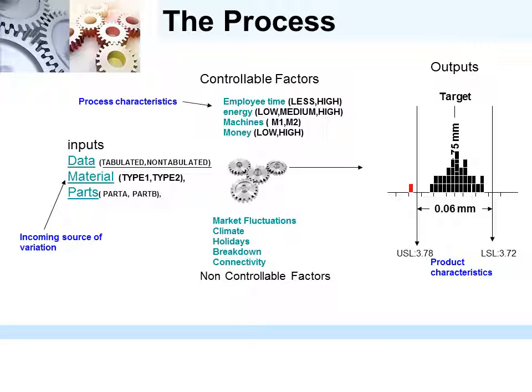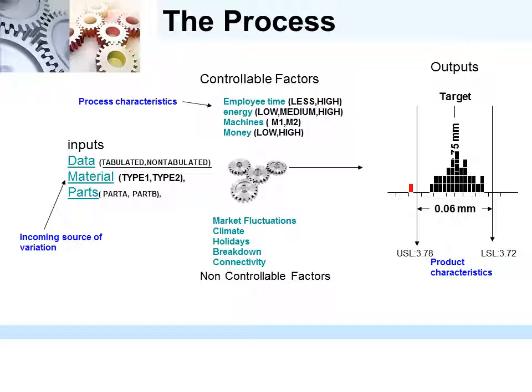Now let us learn a few more jargon that the quality world uses. The output that the customer expects is also called the product characteristics. A product characteristic is a feature of the product that must be controlled, such as a dimension, a color, or contamination. Each product characteristic should have at least one process characteristic that is associated with it.